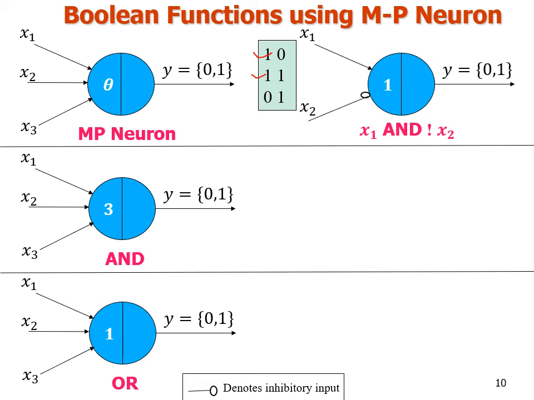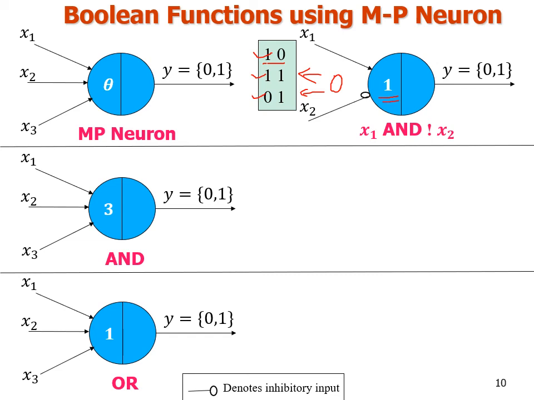And case 3, when x1 is 0 and x2 is 1. But as x2 is an inhibitory input, in case 2 and case 3 the output will be 0 because x2 is 1. And x1 and not x2 would output 1 for only case 1. So our thresholding parameter holds good for the given function.